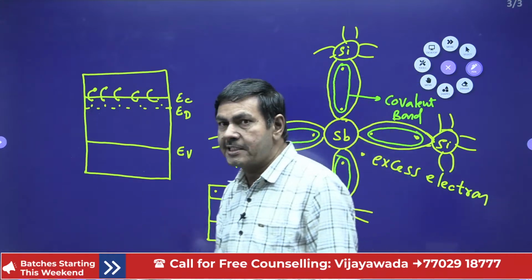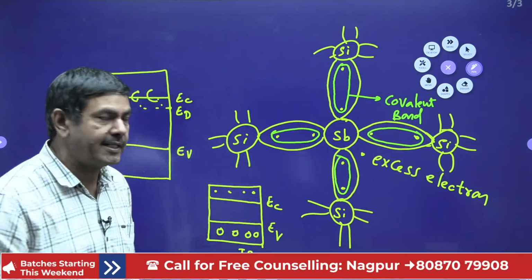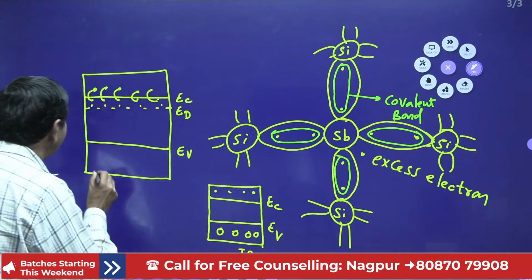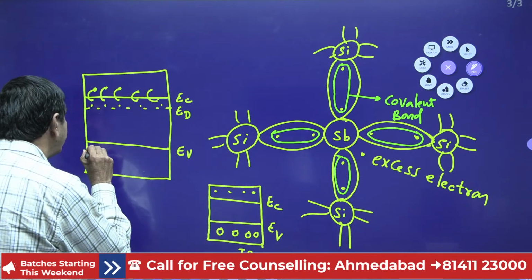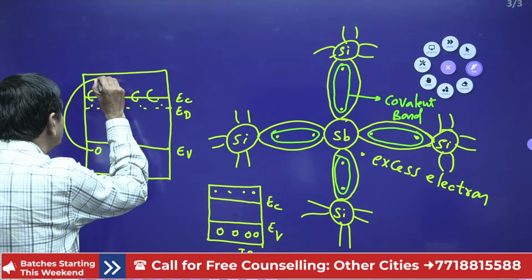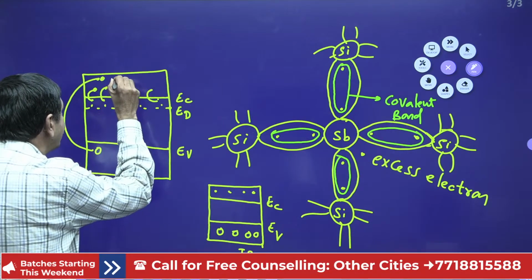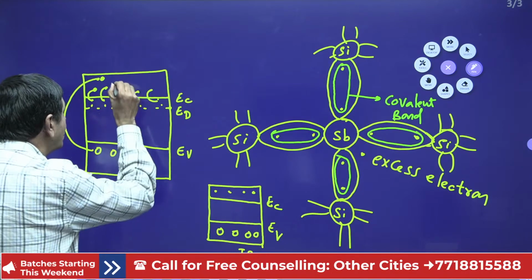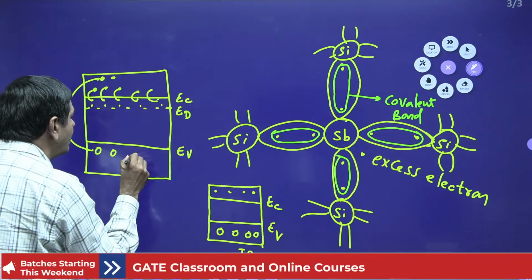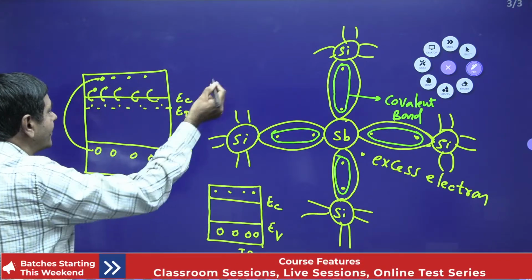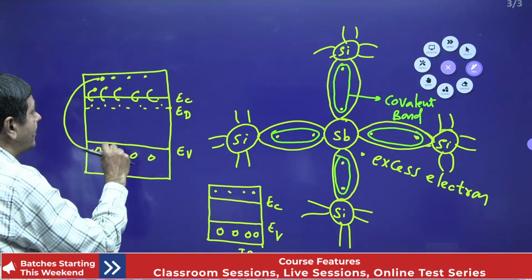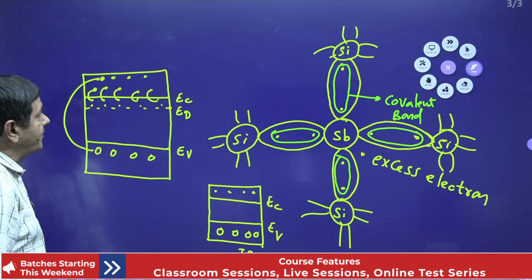Also, the temperature existing in the atmosphere can allow a certain number of electrons to move from here to here. Like that, one more hole, one more electron, and so on, electrons are forming.